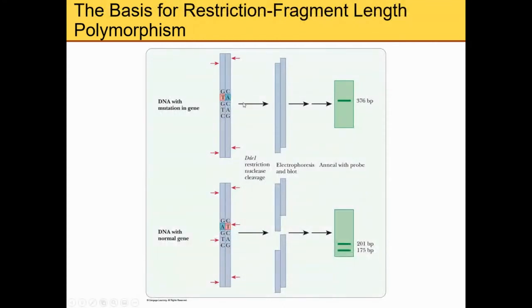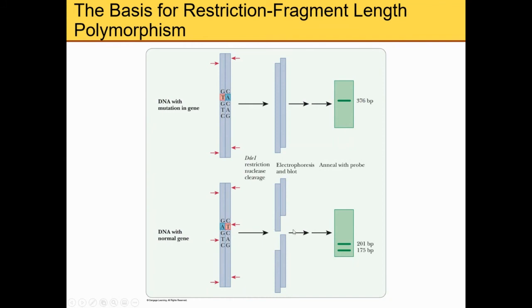So just like this, you have two copies, okay, 1 chromosome, 2 chromosome, and if you have a mutation, then the enzyme will not be able to cut. If you have the wild type, then the enzyme will cut.